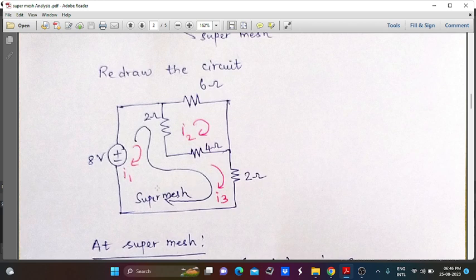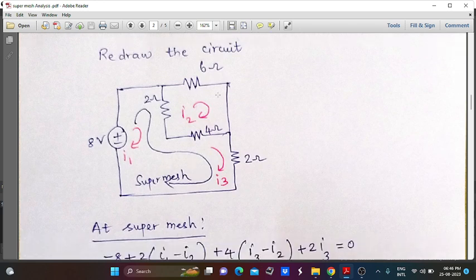So this is called a super mesh. The remaining three currents I1, I2, I3 pass as usual through these meshes, and the remaining resistors and voltage sources remain as they are in the given question.